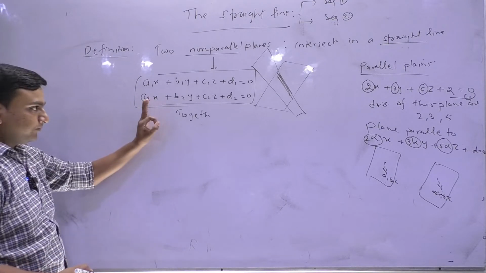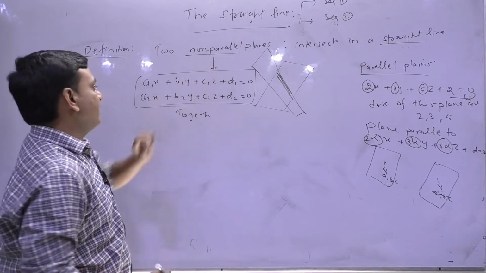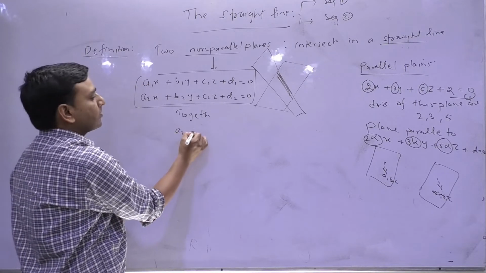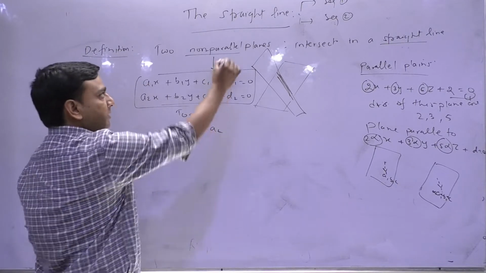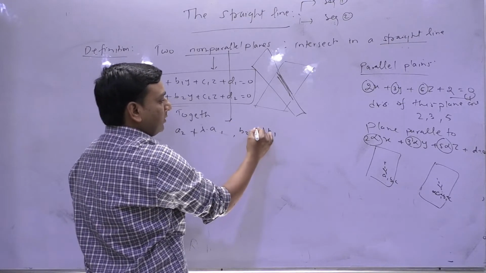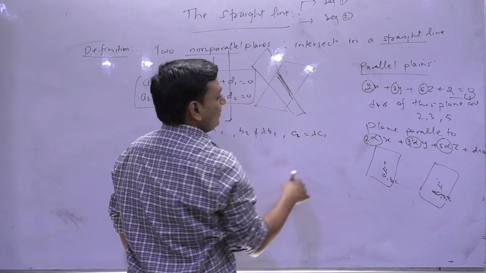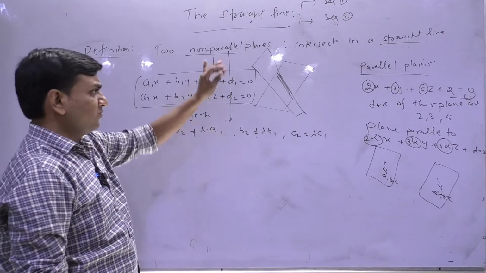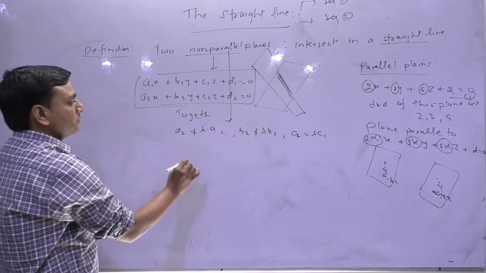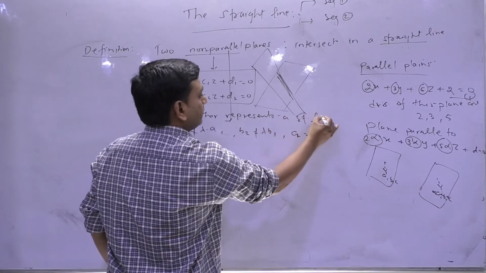Now, if we have two non-parallel planes, it means A2 cannot be some lambda times A1, B2 cannot be some lambda times B1, and C2 cannot be some lambda times C1. Clear?